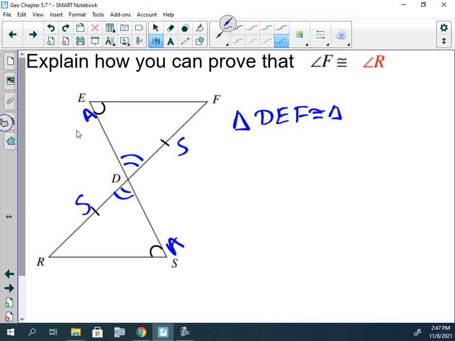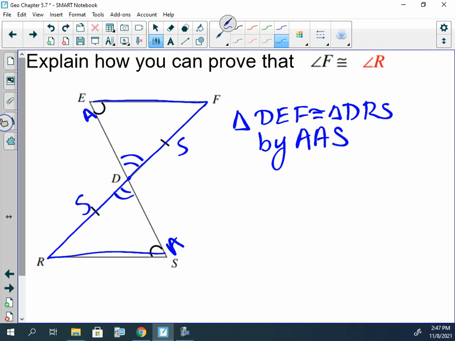So DEF, D, because we started at D, went along the line with 1 and then to E. So we started at D, go along the line with 1 and then 2. So it would be DRS by what? Angle, angle, side.